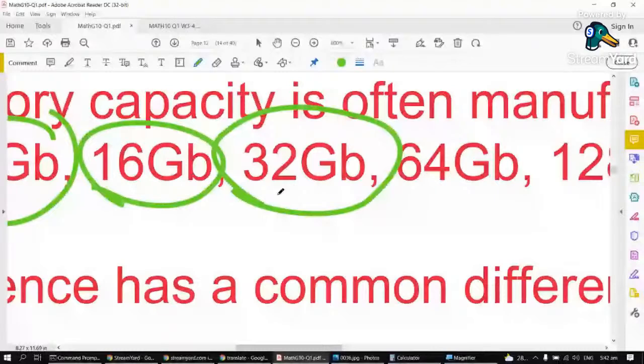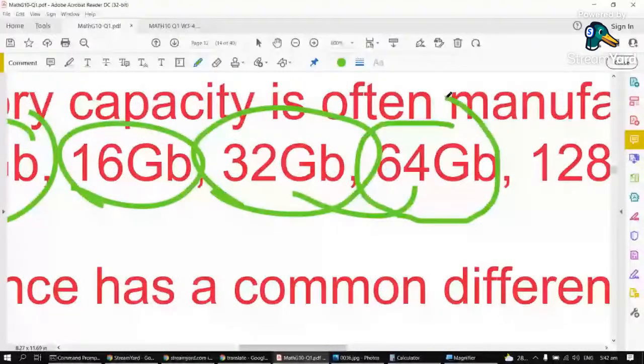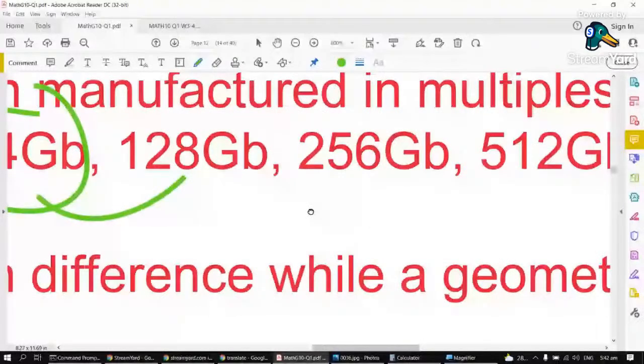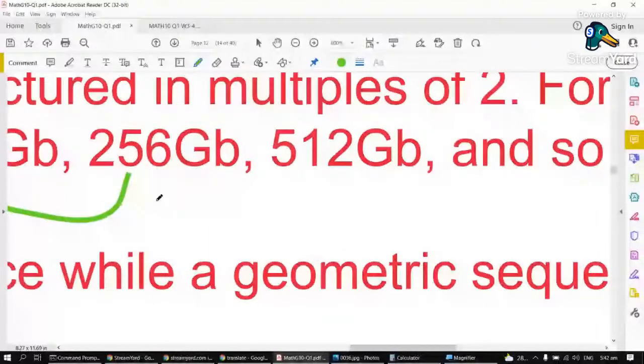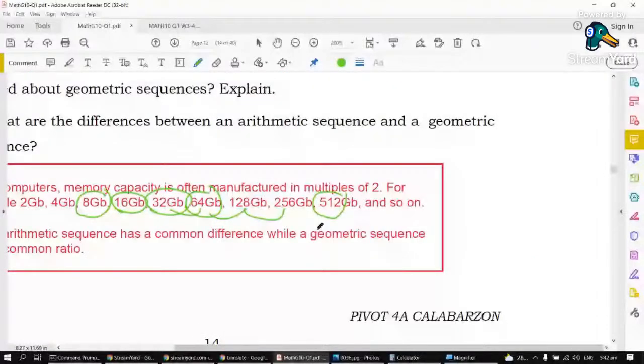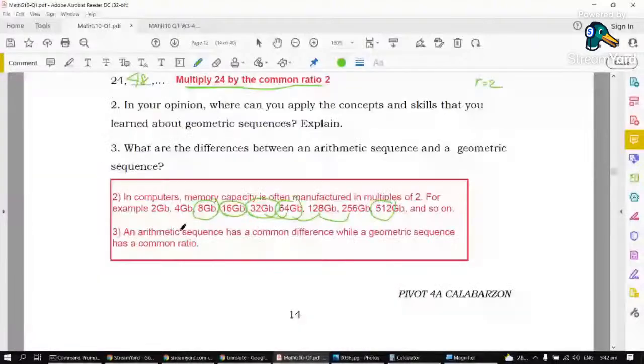And then 64, pag tinimes 2 mo is magiging 128. 128 times 2 is 256 gigabytes. And 256 gigabytes times 2 is 512 gigabyte. Yan. So, yung geometric sequence ay may magagamit sa larangan ng computer.